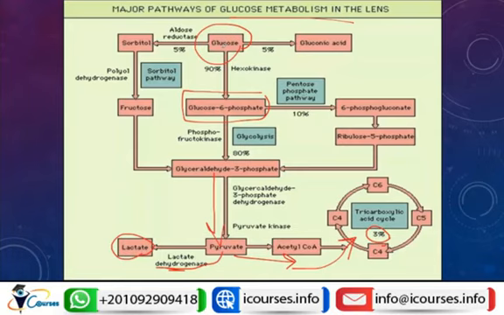Also, the glucose can enter other metabolic pathways. It can enter through the hexose monophosphate shunt, or pentose monophosphate shunt, which accounts for about 5 to 10% of the glucose, or it can be transformed to sorbitol using the enzyme aldose reductase, entering through the sorbitol pathway.